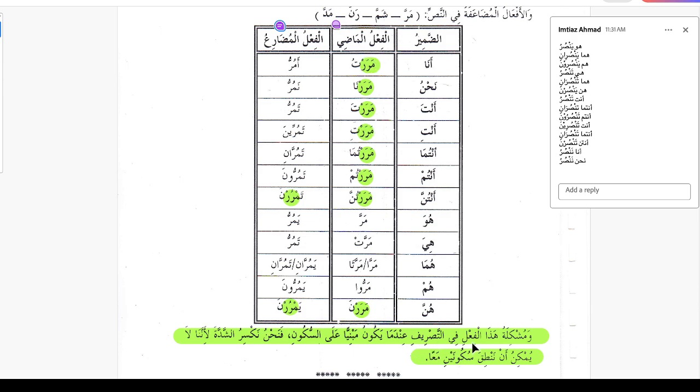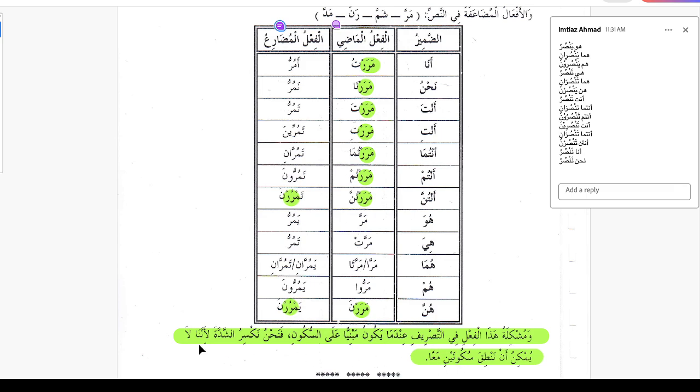So the only difficulty in this is the conjugation when it is mabni ala sukun. So then when this happens, we break the shadda, we break the doubling, because if you put a sukoon on the shadda, then you can't pronounce it.